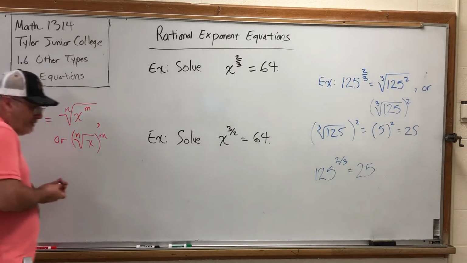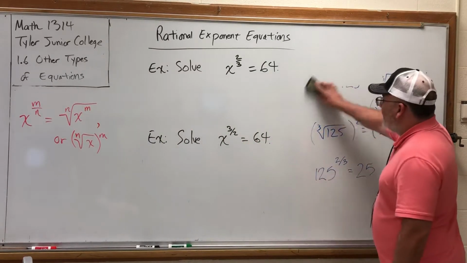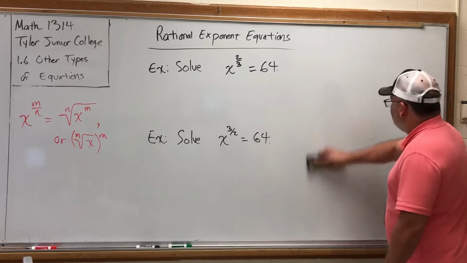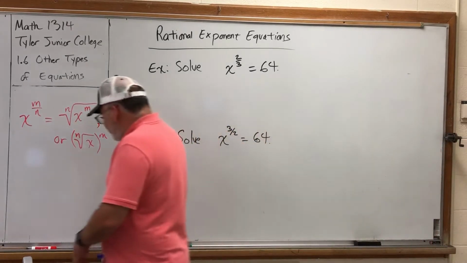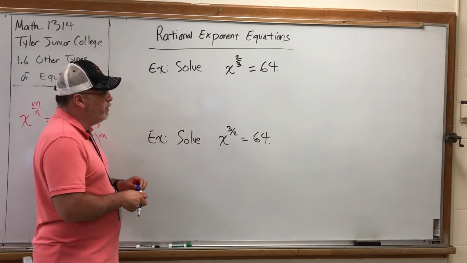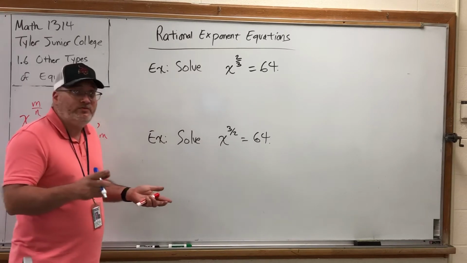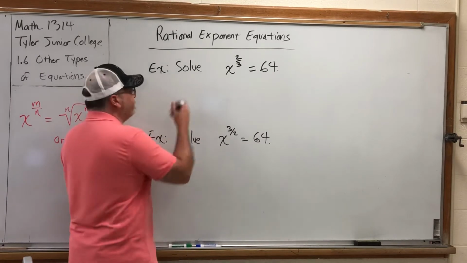So let's get back to the rational exponent equations, starting with x to the 2/3 power is equal to 64. Well, how can we solve this? Well, the answer is in one move. That one move would be to raise both sides of the, well, let's think about this. We want to get the x by itself, right?